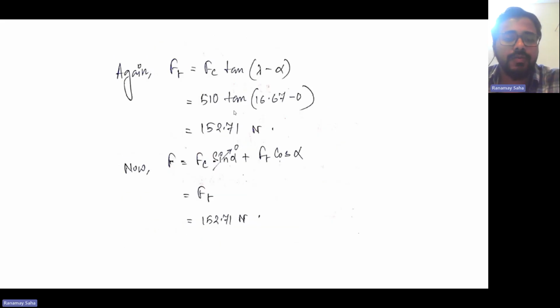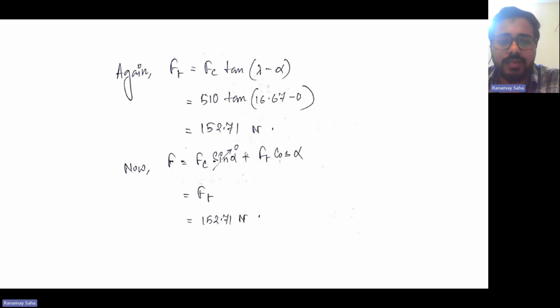So now we are at a point to find the thrust force, the tangential force Ft, as Fc tan of lambda minus alpha, which is 150.71 newton. Then you can find out the friction force between the chip and the work as Fc sine of alpha plus Ft cos of alpha.